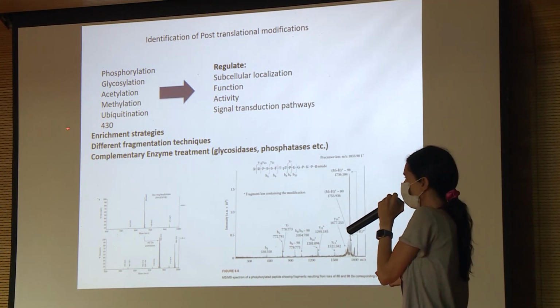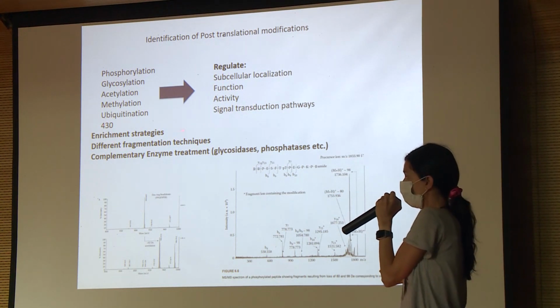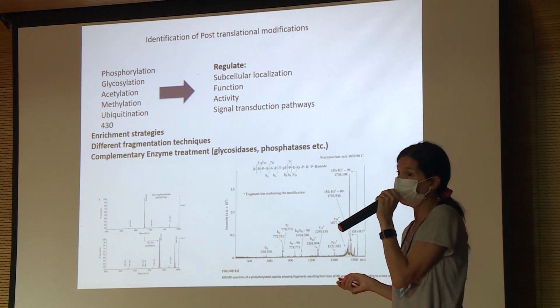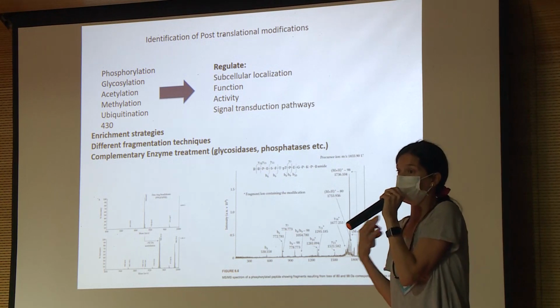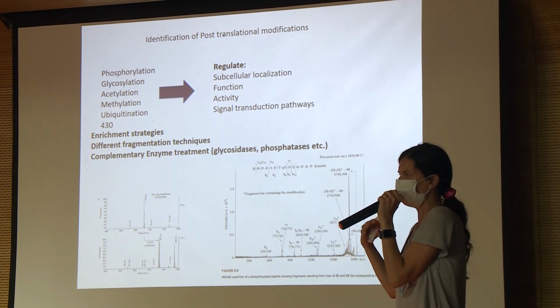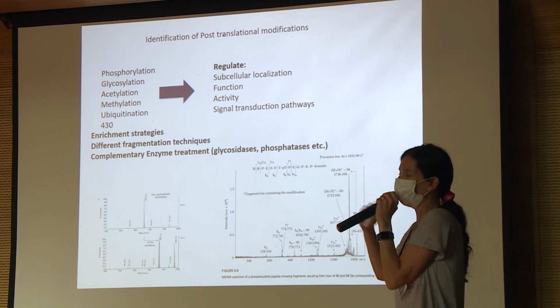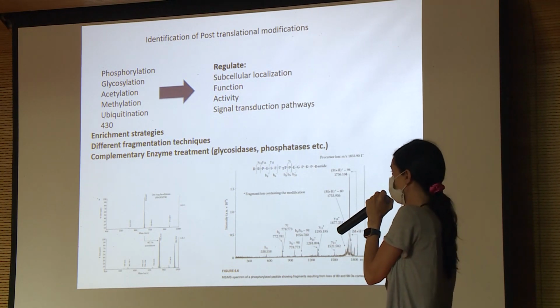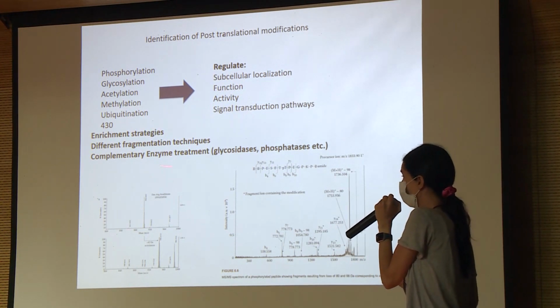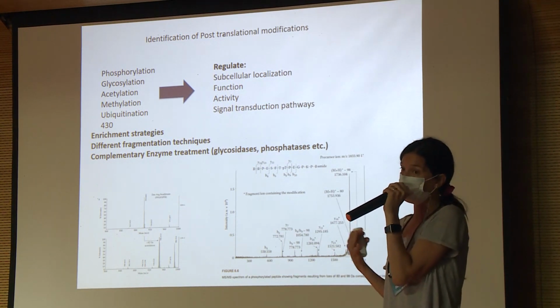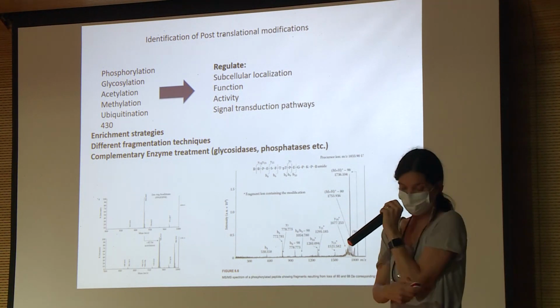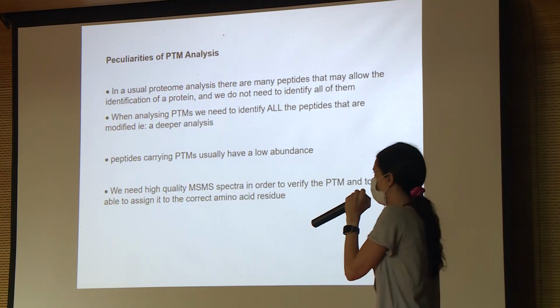Usually you have to do enrichment strategies. You might have to use different fragmentation techniques because PTMs can be labile, and you might lose them during fragmentation. And many times you have to do complementary enzyme treatment to get more information on the PTMs.